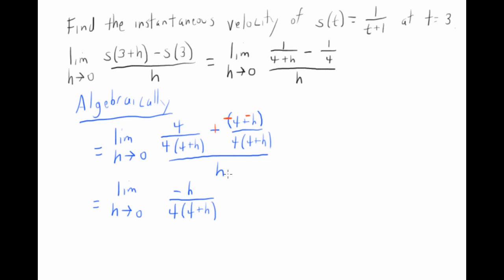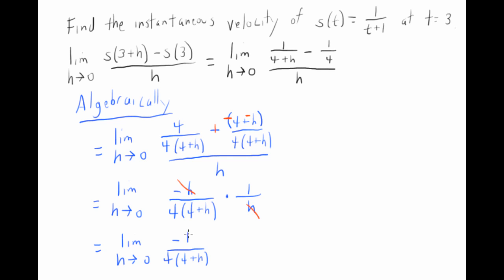Now I'm dividing by h, and instead of dividing by h, I'm going to write that as multiplying by 1 over h. Because when I do that, now another great thing happens. My h's cancel out. And now what I have is the limit, as h goes to 0, of negative 1 on top and 4 times 4 plus h on the bottom.